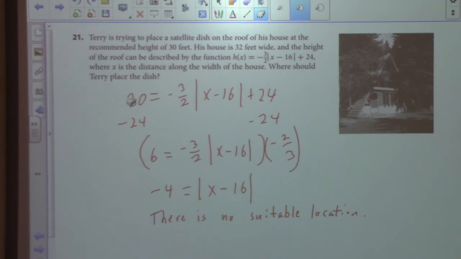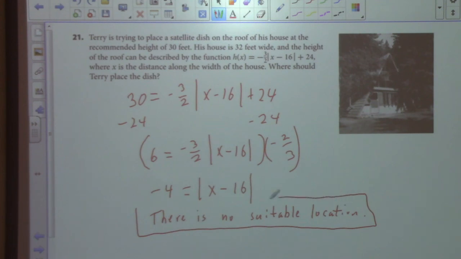So if this height is brought down enough, the thing will work. His house is too tall. But you see, we could change the equation and make it work somehow, right?